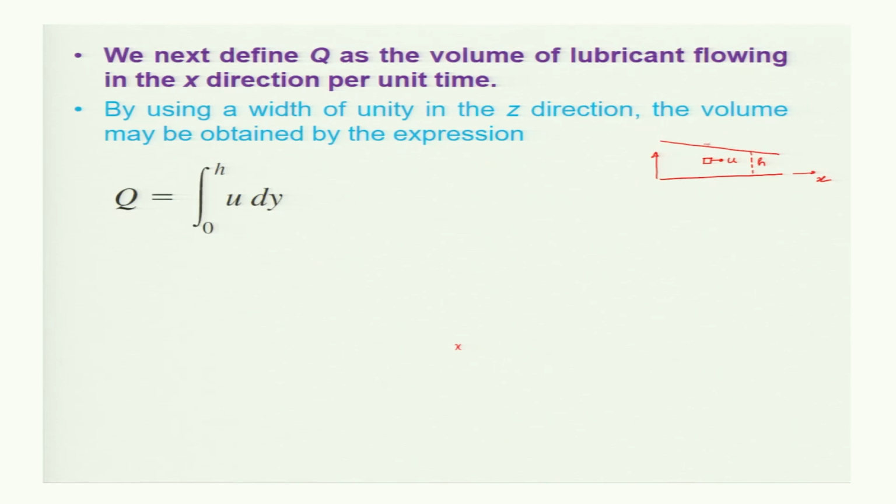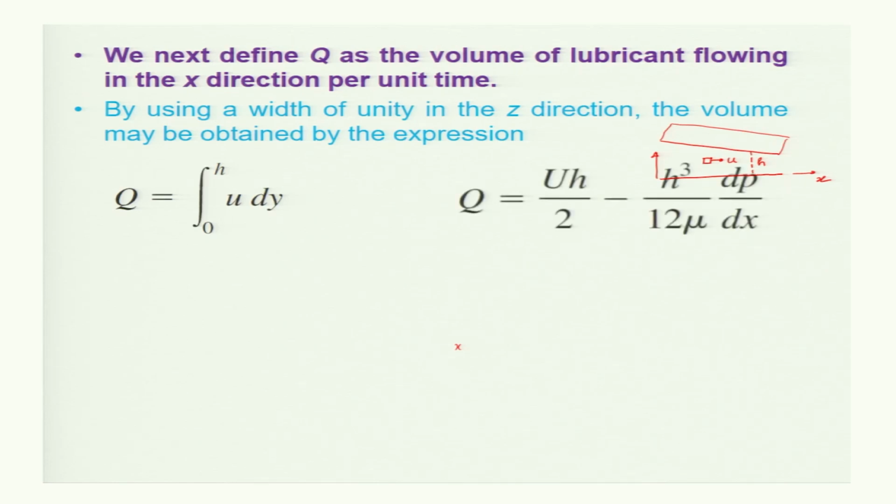In the z direction we have taken unit dimension, so this plate has a z directional dimension equal to 1. Substituting the value of u which we have just derived, Q after this integration is given by this one.